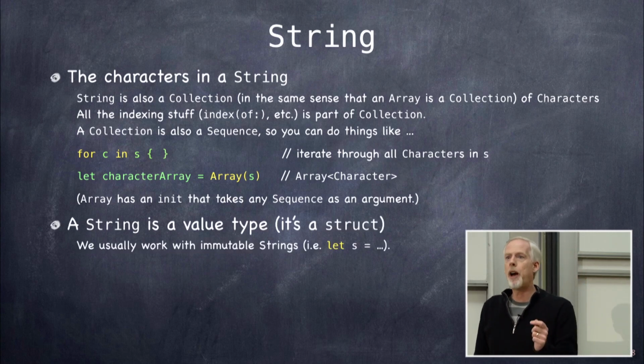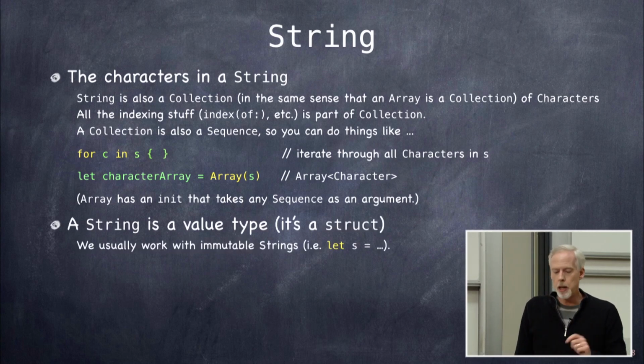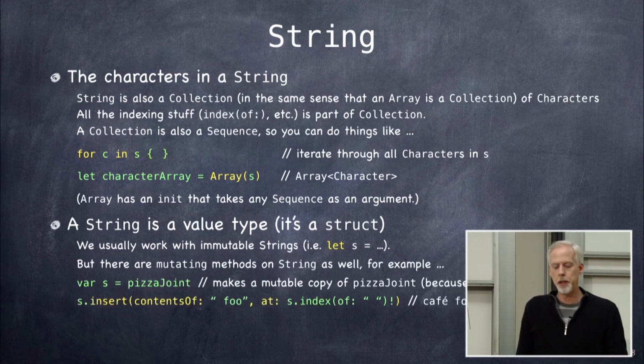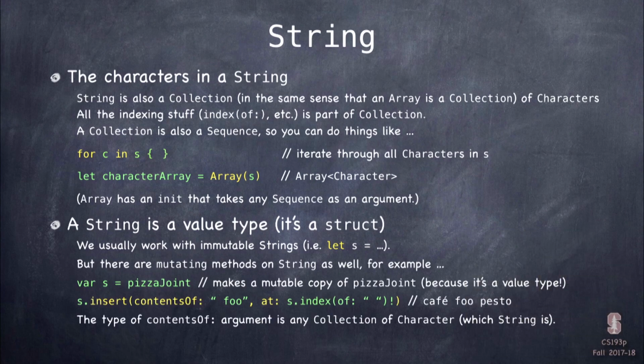Remember that a string is a value type. It's a struct. We almost always use immutable strings, like let s equal something. We're working with it immutably. But of course, there are mutable versions, mutable methods. There's another kind of protocol called RangeReplaceableCollection. That's kind of a collection that can be mutated. Ranges of the things can be replaced. And so here's a method in that.